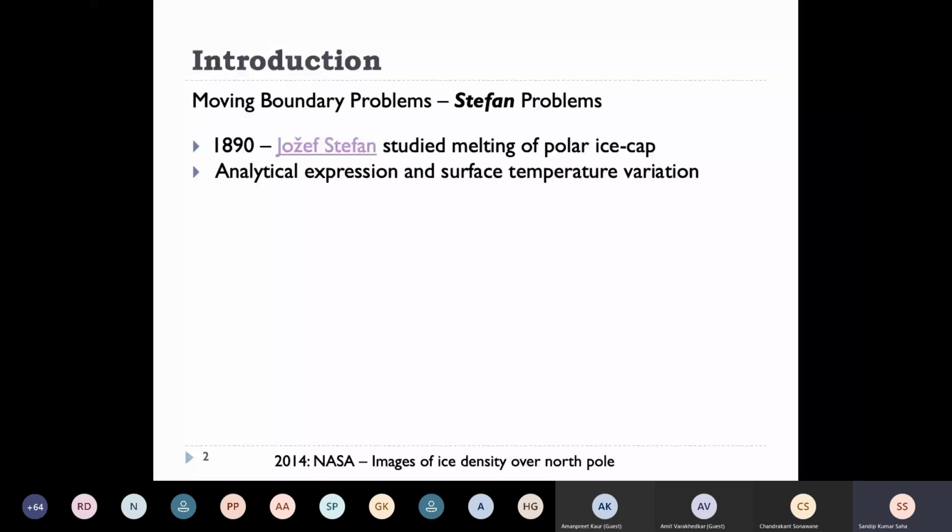What I'm saying is that if you open papers in any journals, some energy journals, even heat transfer journals, you will see that publications on this phase change problem are huge in number till today.